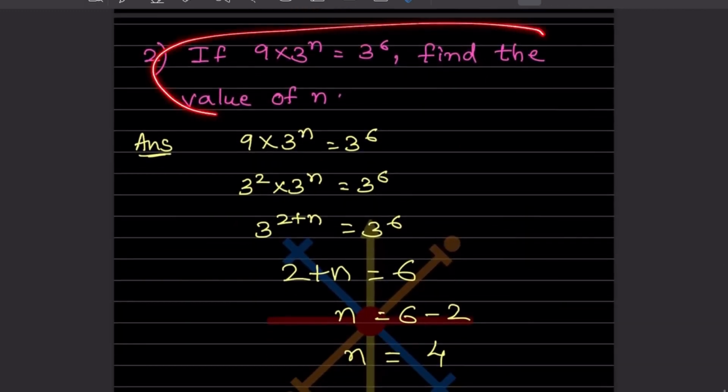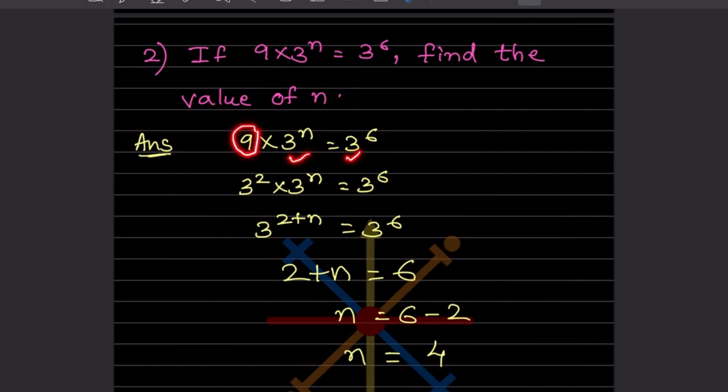Now look at here. This is a question given. Again here we have to find the value of n. So I wrote this same thing over here. Again I can see a 3, so I'll make this 2 because 3 square is 9, and this as it is. Now can you see the bases are the same? So this will be added: a raised to m into a raised to n is a raised to m plus n. So this is n plus n. Again the base is the same, so you just consider the exponents, which also should be the same.